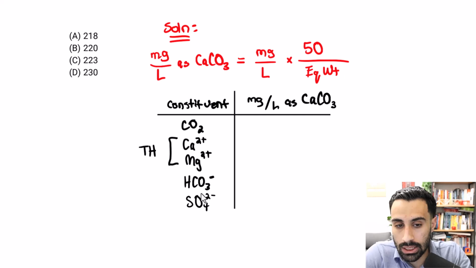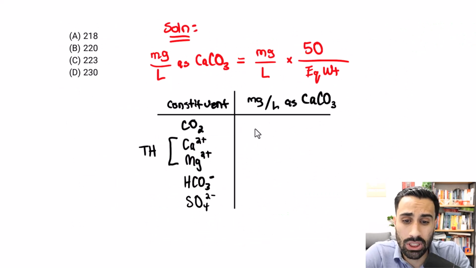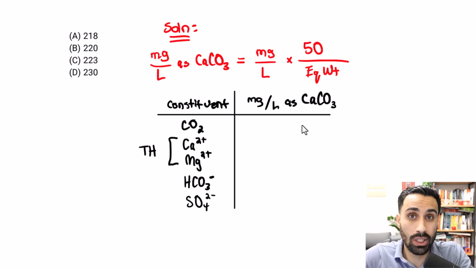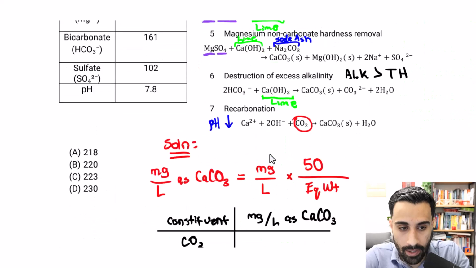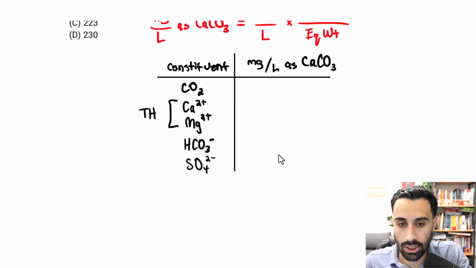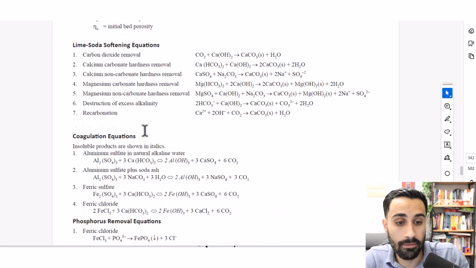So as given, we only have this one for this analysis. Now we can continue and just do the calculation, and I'm just going to do the first one, then the rest I'll do in the calculator just to save time. So all we do here is take that value of 22 for the carbon dioxide, and then you multiply this. Always it's 50 on top, and that does come from the FE handbook.